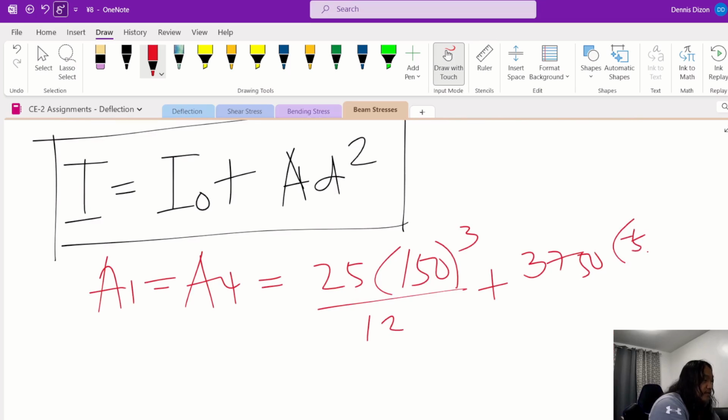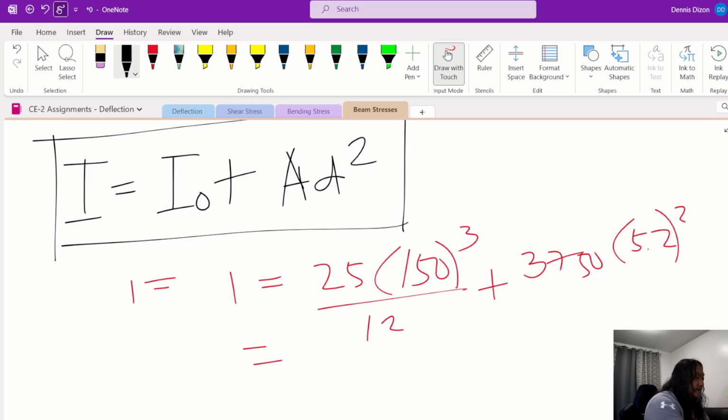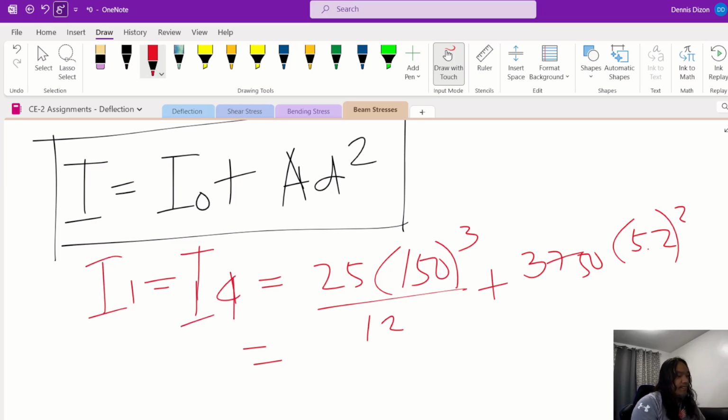Again, this is negative when we calculate it, but since this is squared, it doesn't really matter. So the moment of inertia of 1 is equal to that of 4: 25 times 150 cube divided by 12 plus 3750 times 5.2 squared.